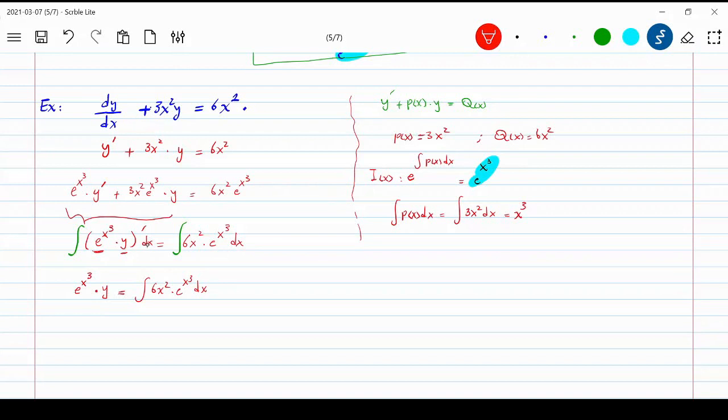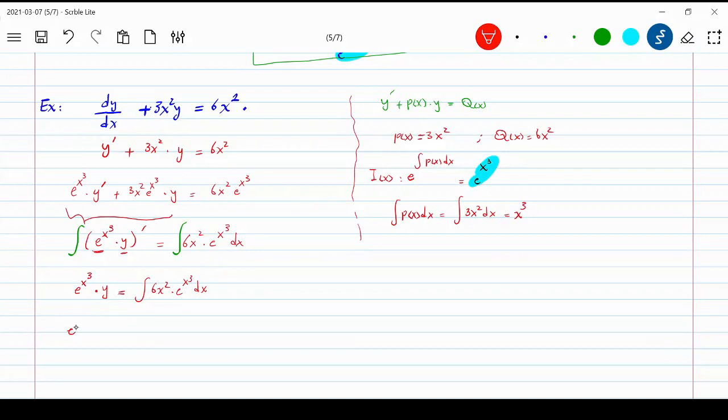When you integrate, you always have to add this dx. On the left hand side I have a prime here, so it will create a dx for us. So now what is this integral on the right hand side?